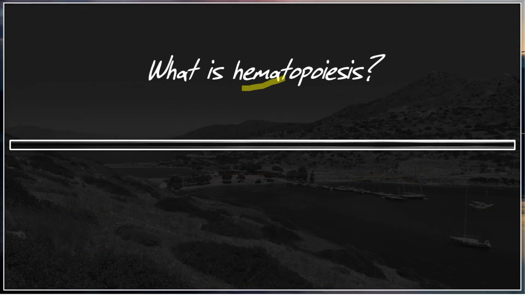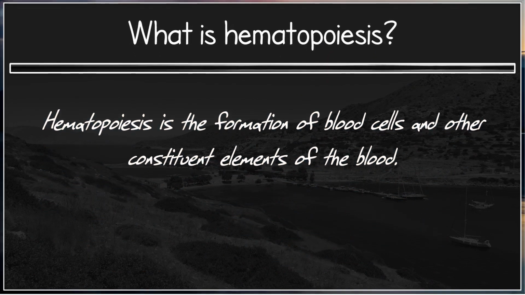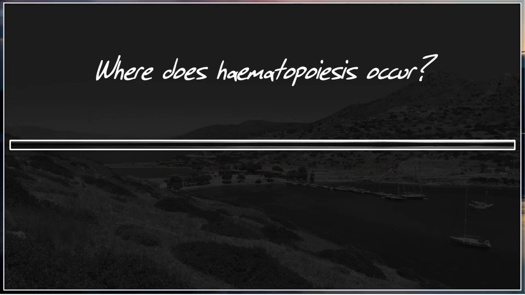What is hematopoiesis? Hematopoiesis is the formation of blood cells and other constituent elements of the blood. Where does hematopoiesis occur?